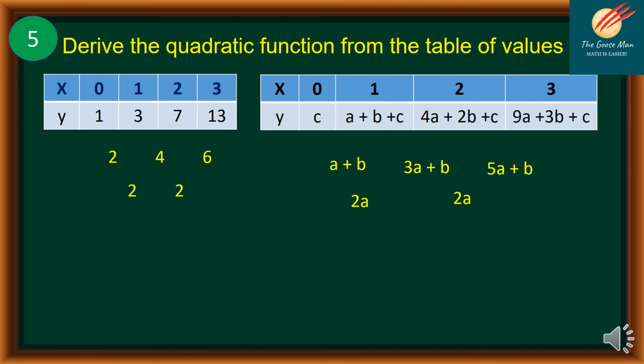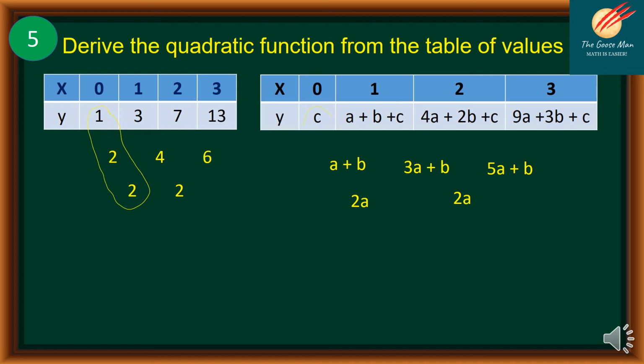So let's move on. To derive the quadratic function, notice that we have the following numbers here. So we have 1, 2, and 2, as well as here c, a plus b, and 2a. So we are going to use that in order to derive the quadratic function. So again, observe these numbers.